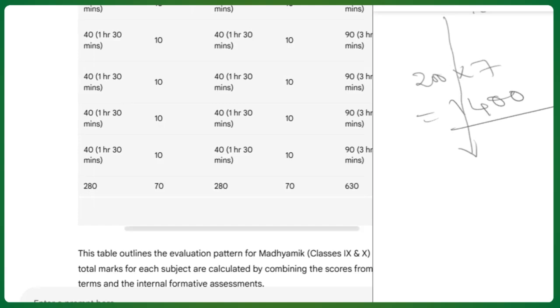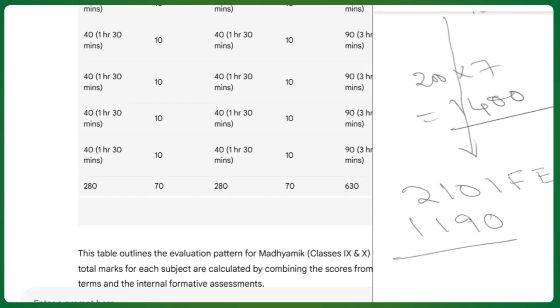So of these you see, 210 is total for IFE, that is internal formative evaluation, and 1190 is for summative. So total is 1400. So the written exam is 1190.